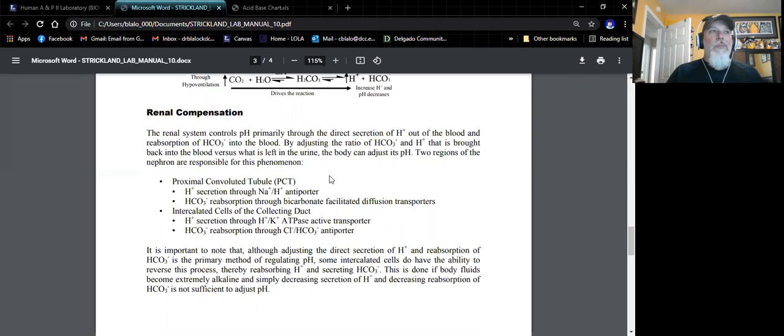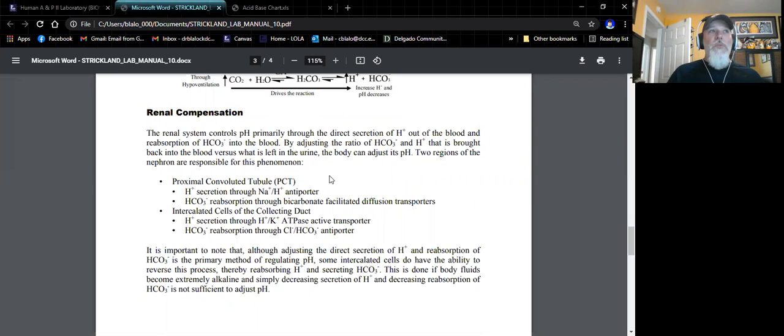Because really, with respiratory compensation, we're not really getting rid of the hydrogen ions. We're just binding them to something to take them out of solution. But with renal compensation, we're actually getting rid of the hydrogen ions in the urine. So this is the ultimate way that we want to balance pH.